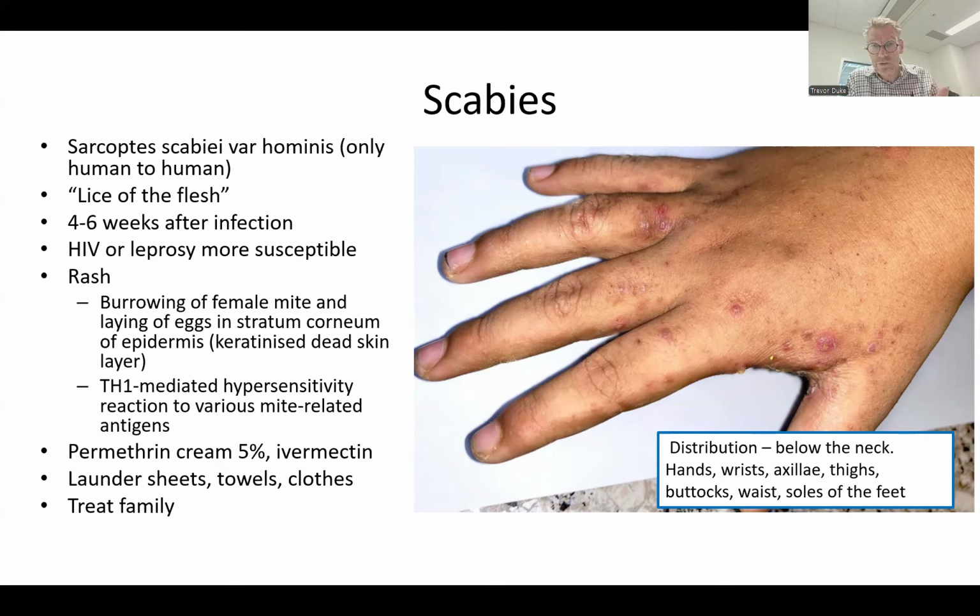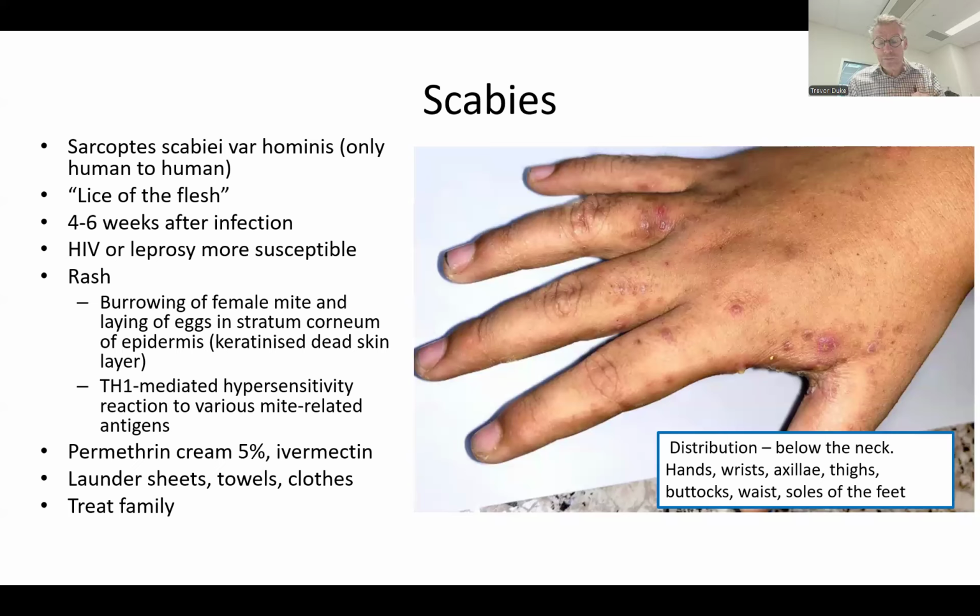The rash occurs 4 to 6 weeks after exposure, so it's not straight away. The rash occurs for two reasons. One is the female mite mates with the male mite, and then the male dies, and the female burrows within the skin, in the stratum corneum, which is the keratinous layer of dead skin over the epidermis, and there the eggs are laid.